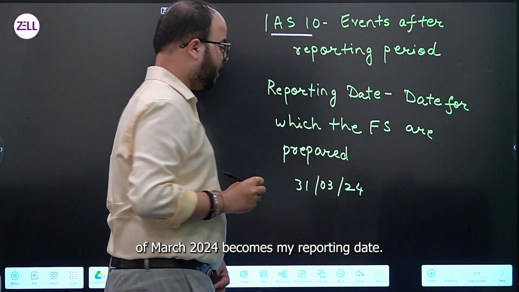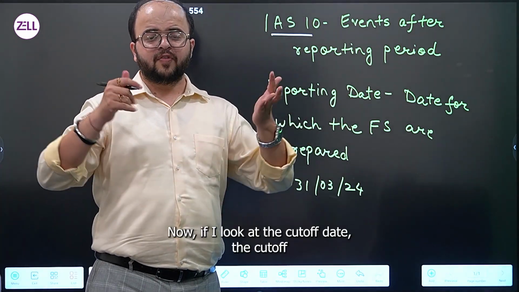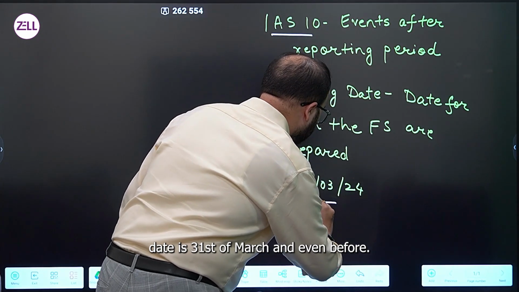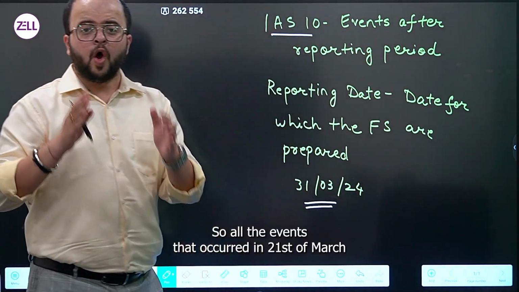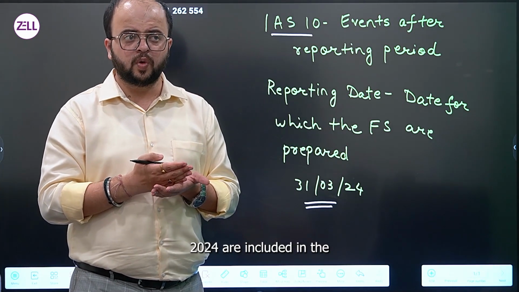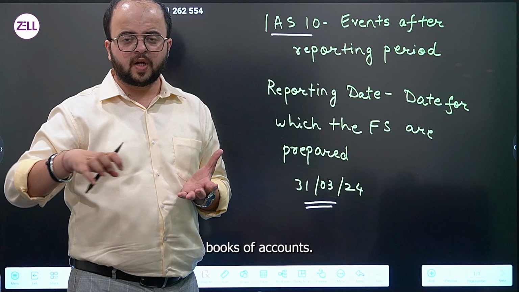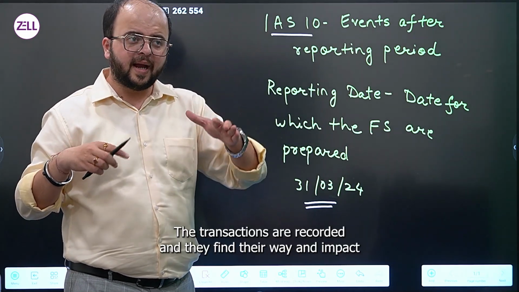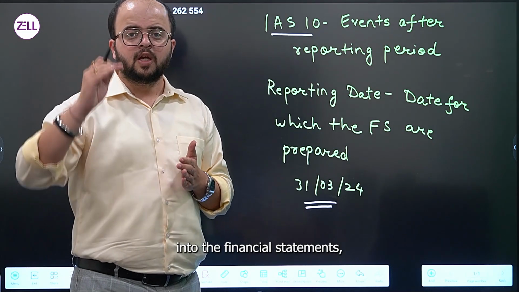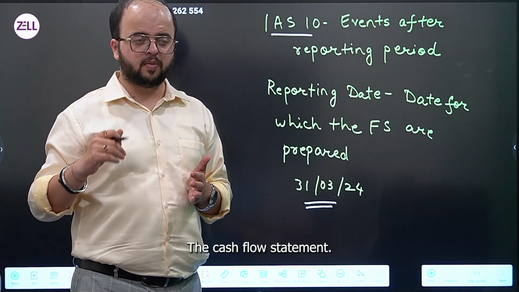Now, the cutoff date is 31st of March 2024. So, all the events that occur till 31st of March 2024 are included in the books of accounts. The transactions are recorded and they find their way and impact into the financial statements, which is basically your balance sheet, profit and loss account, your cash flow statement.